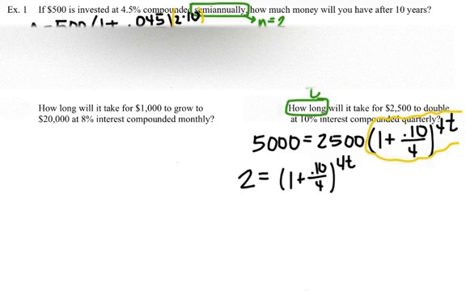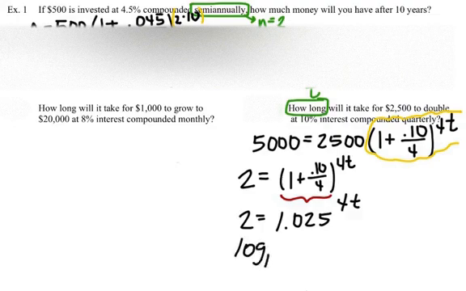Now in this problem, you can go ahead and compute 1 plus 0.1 divided by 4, because that works out to an exact decimal. You'd get 2 equals 1.025, all raised to the 4t. So this is an example of a problem where you really don't need to store on your calculator, because the decimal 1.025 is exact. So all I'm going to do is rewrite this in log form.